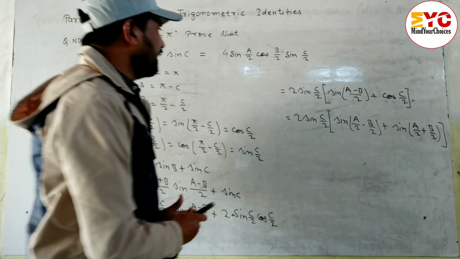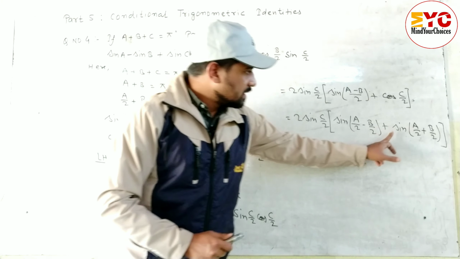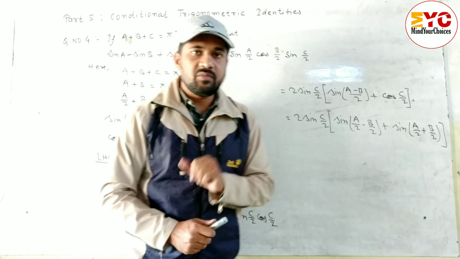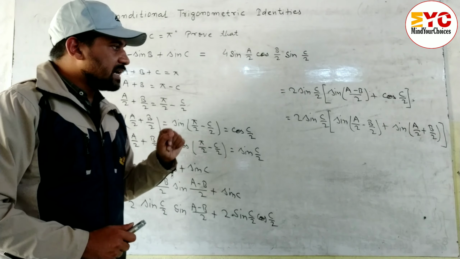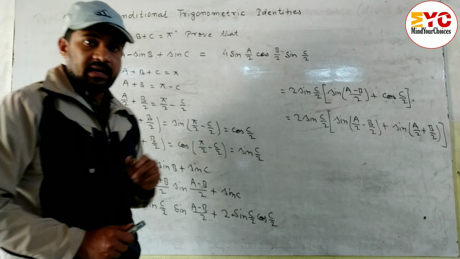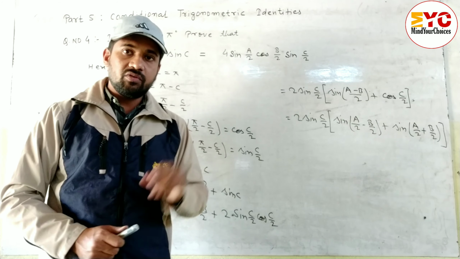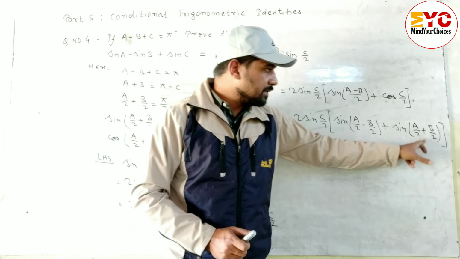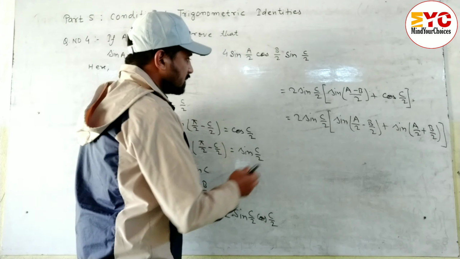Now look here properly. This is in the form of the formula sine a plus b plus sine a minus b. The formula of sine a plus b plus sine a minus b is 2 sine a cos b. I told you before also, while starting part 4 short question, I already provided you the formula.